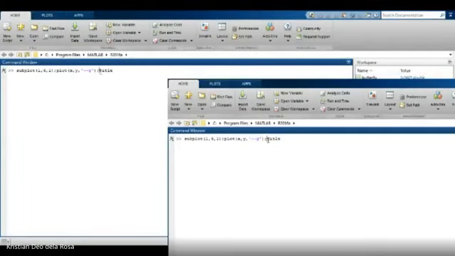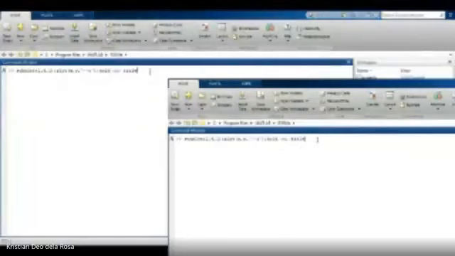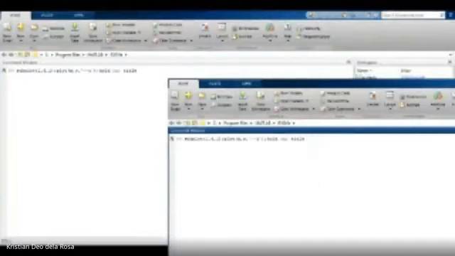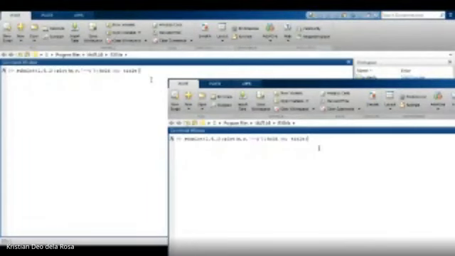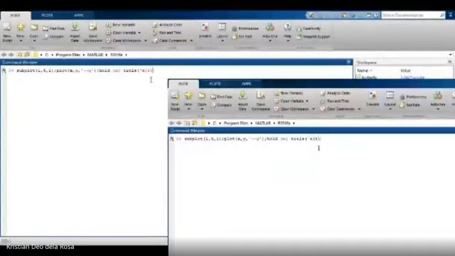Hold on. Then title natin is x, both x as a function of time.